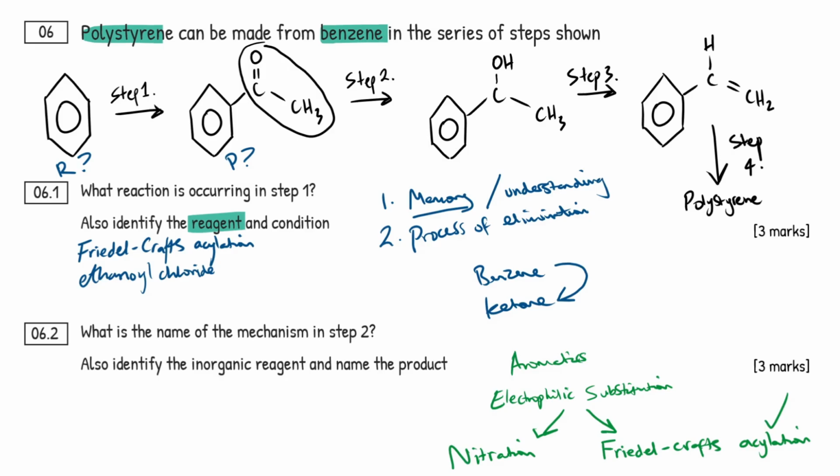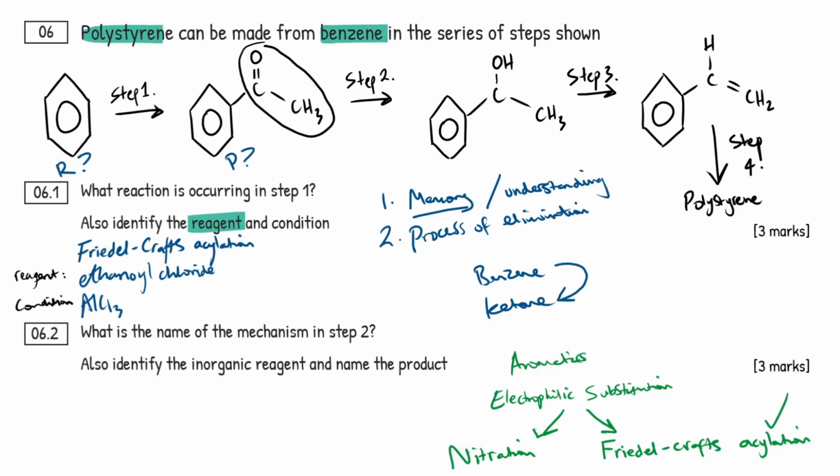I'm just not a fan, but that's essentially what they want to see. For both nitration and Friedel-Crafts acylation, you're going to need a catalyst. In this instance, the catalyst is aluminium chloride. So let me put aluminium chloride down here. That's our condition. So we've got our reagent and condition.